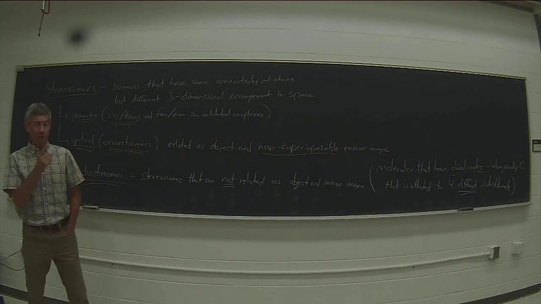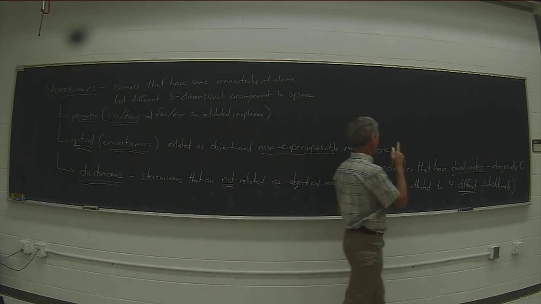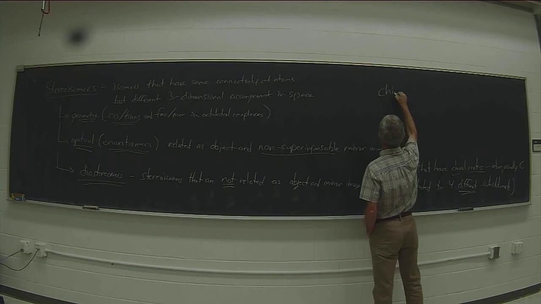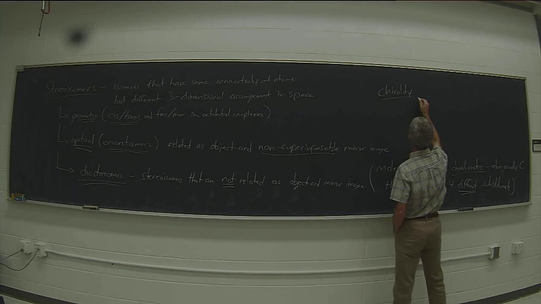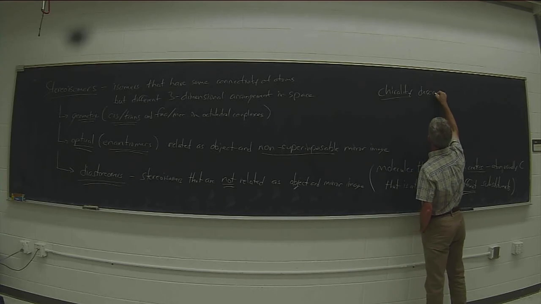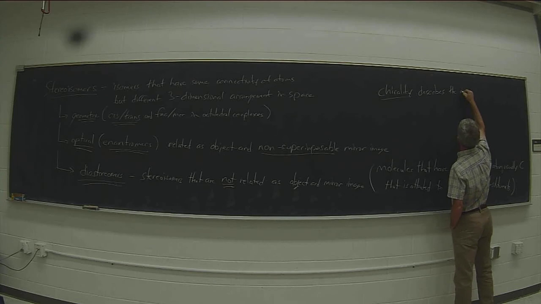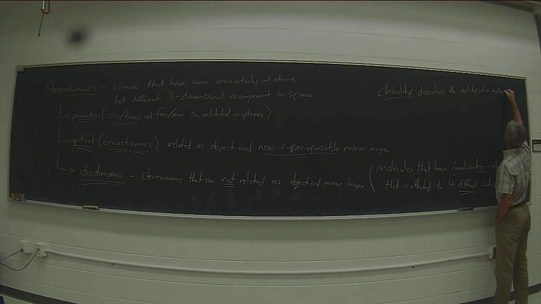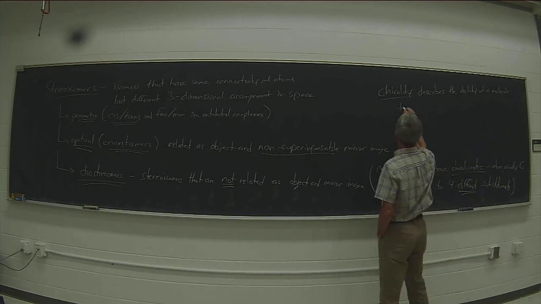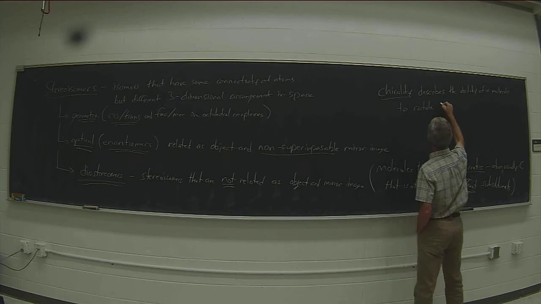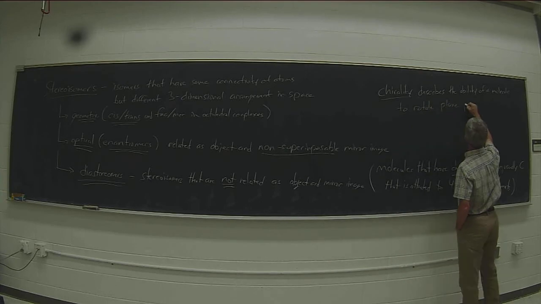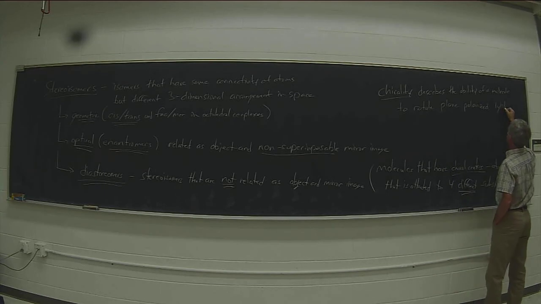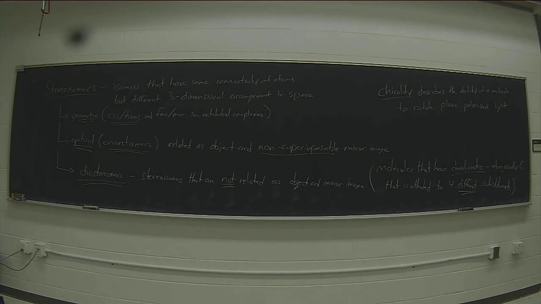If a molecule has one chiral center, it will definitely impart a physical property referred to as chirality. Chirality describes the ability of a molecule to rotate plane polarized light.